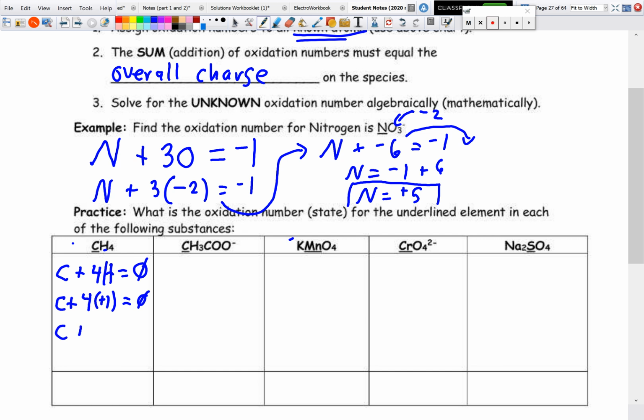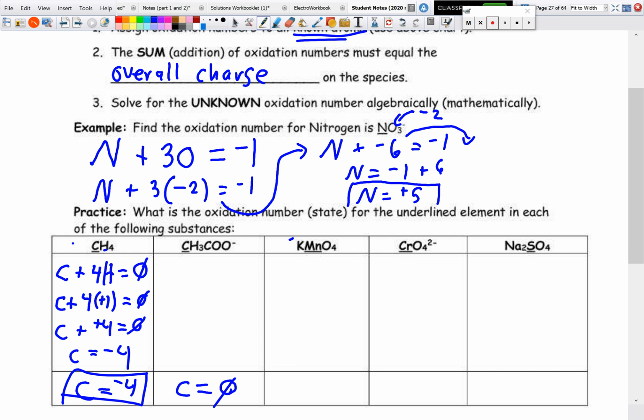So carbon plus positive 4 is equal to 0. Carbon is equal to -4 when we solve. So that's how we get the carbon, all because we knew the oxidation state of our hydrogen. Now, like I said, for the other carbon one there are going to be 2, but when you solve it, you're going to get carbon is equal to 0 in this example.